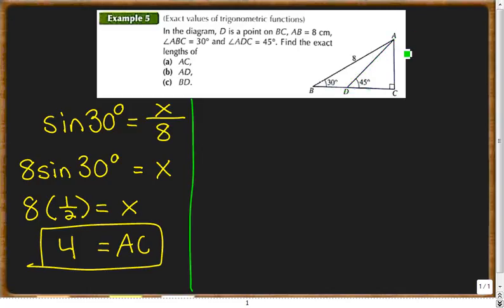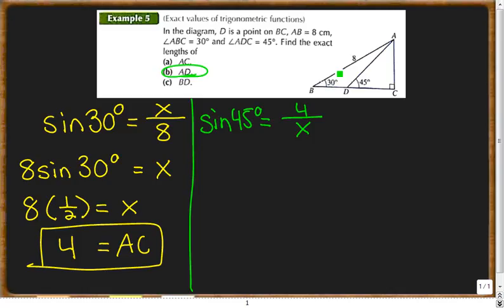And now that we know that this side is 4, we can say, again, the sine of 45 equals 4 over x, the thing that we're looking for. So we're looking for this side. Now we want to solve for x on this side, which is going to be, again, AD.